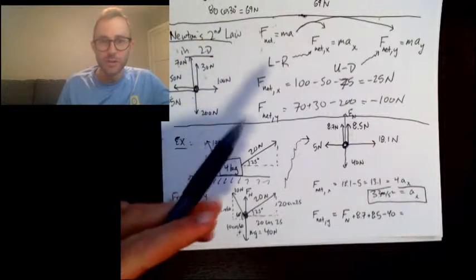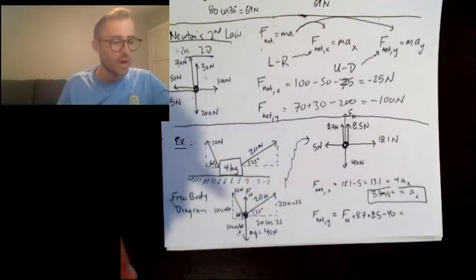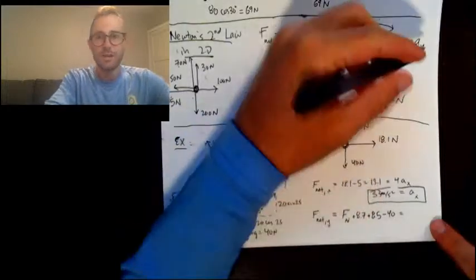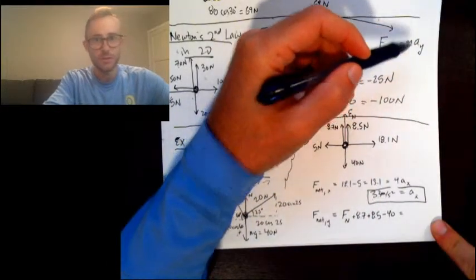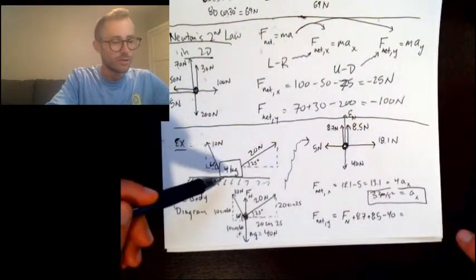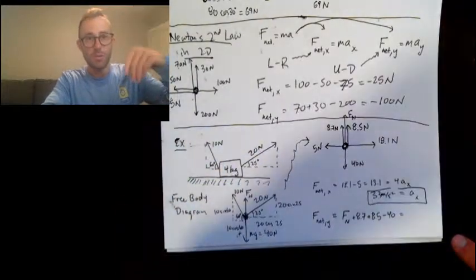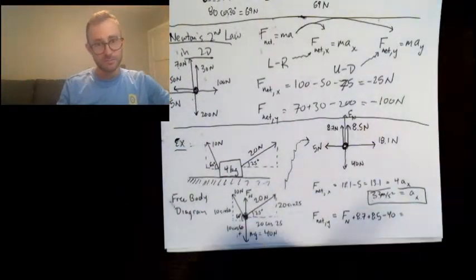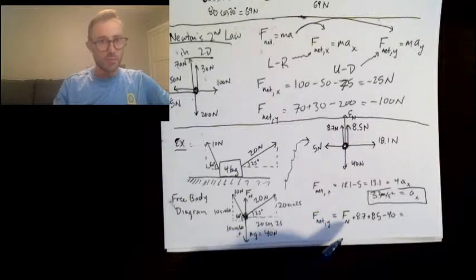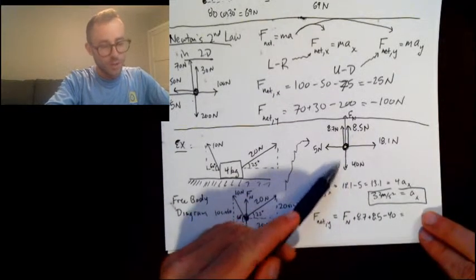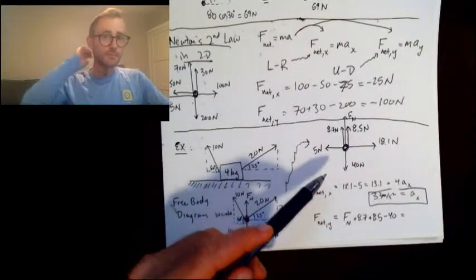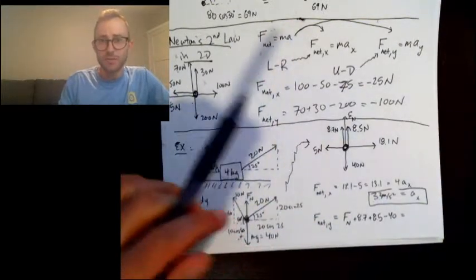Now it turns out that the acceleration in the y direction is 0. Okay? So why is the acceleration in the y direction 0? It's because in order to accelerate in the y direction, the box would have to be lifted off the surface. Okay? But you need to apply at least 40 newtons upward to lift the box off the surface.